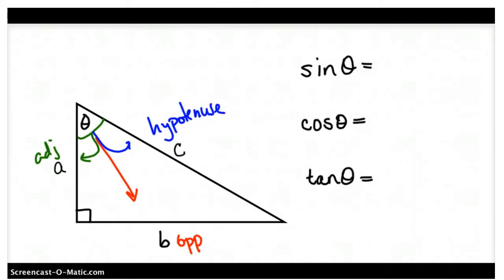So if I was going to write these letters, A, B, and C, in place of adjacent, hypotenuse, and opposite, what would I write?